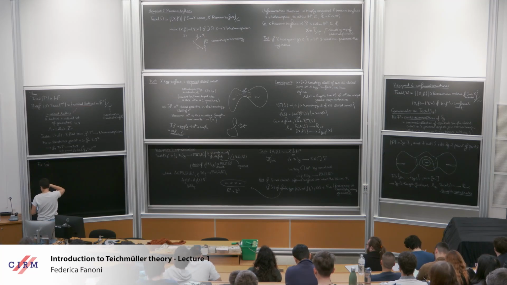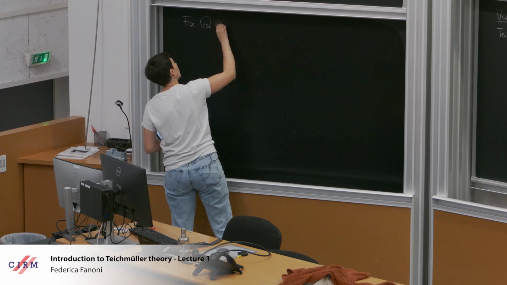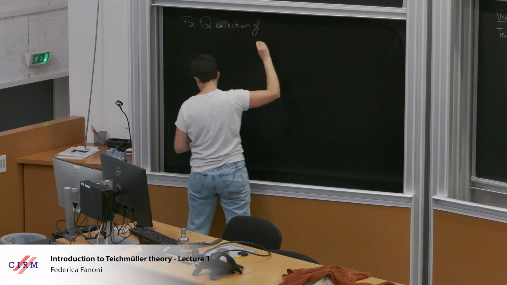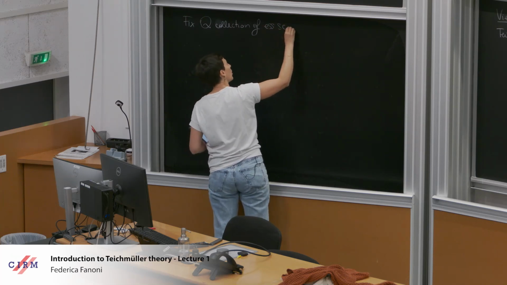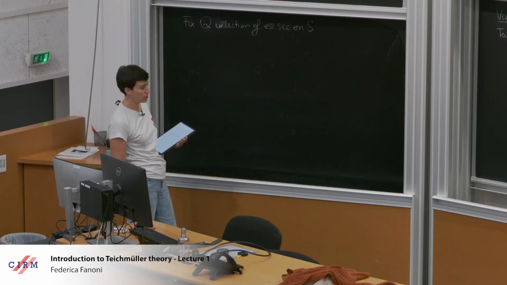Q, which is a collection of, again, essential simple closed curves on the surface that have good intersection properties with the ones that I have.